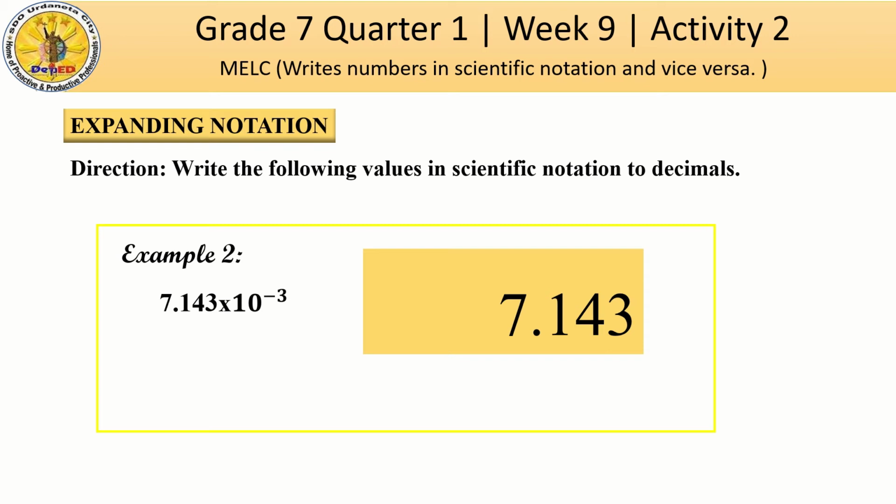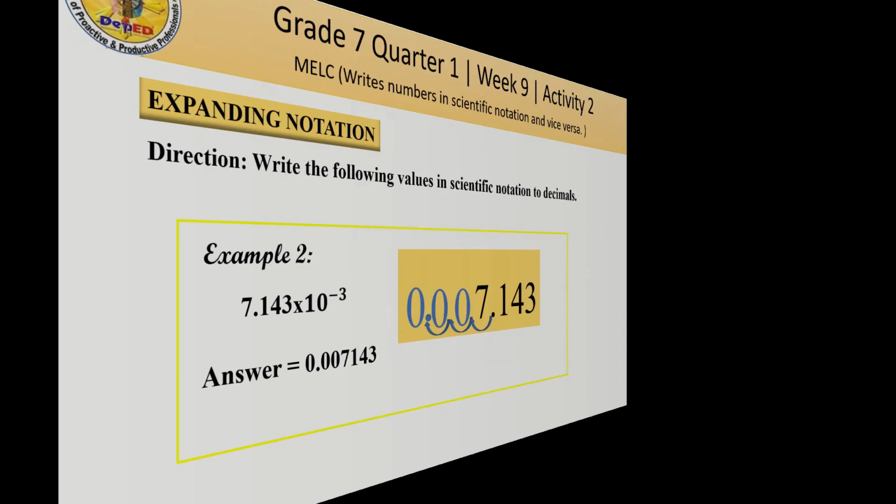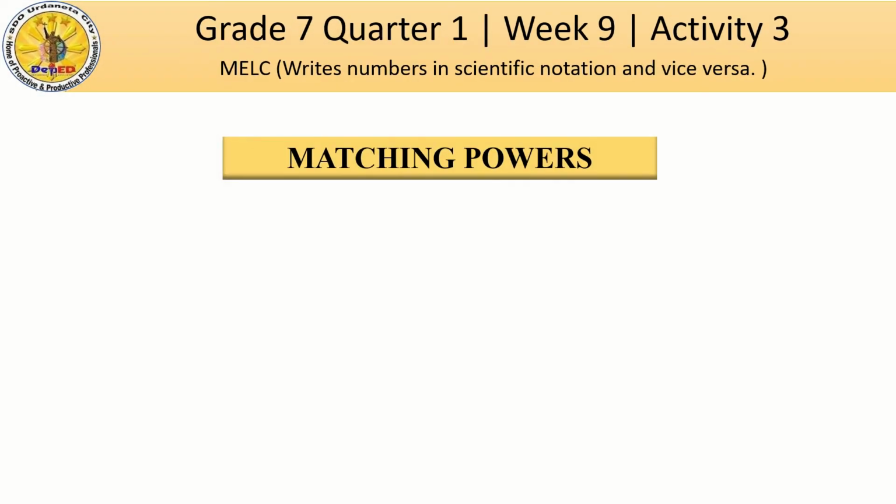How many movements do we need? So, ilang beses ang moves ng decimal point? 3 beses. So, 1, 2, 3. So, that's the answer. Ang dali-dali, di ba? 0.007143.